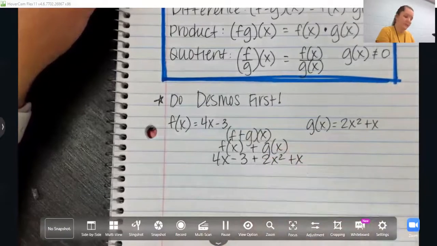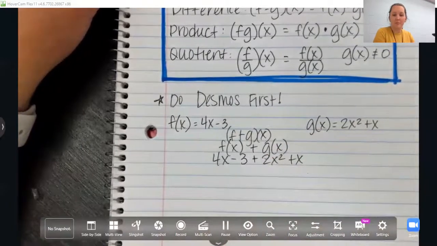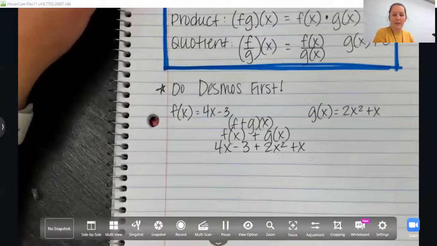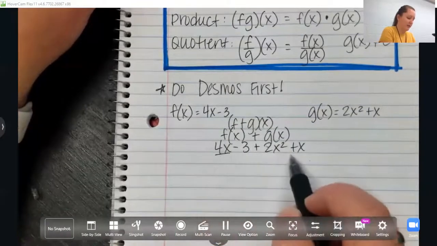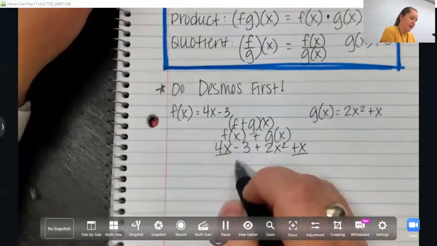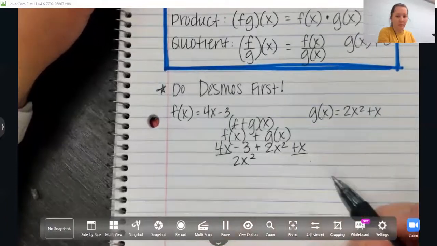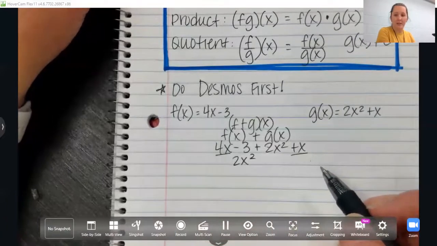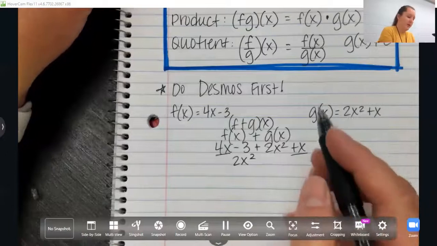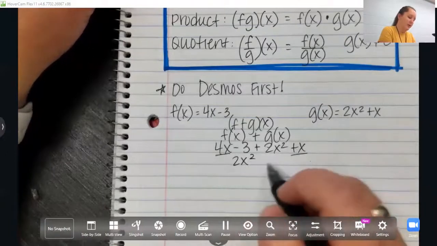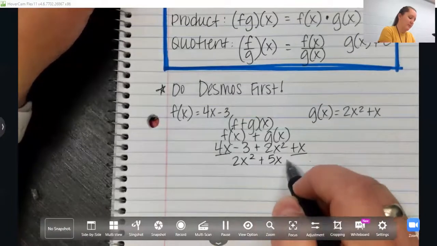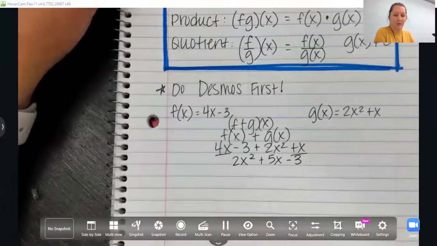add those together, okay? So it just becomes simply combining your like terms, right? 4x and x. So I have a 2x squared and then writing it in descending exponential order. So 2x squared plus 5x minus 3 is my new function.